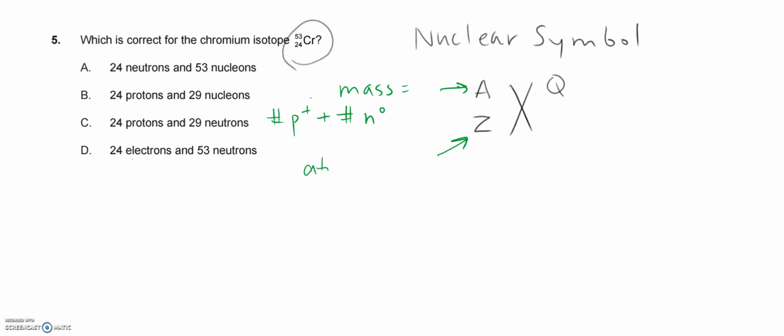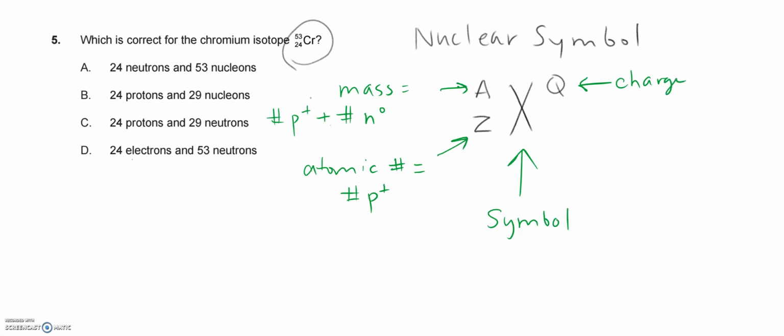This is the atomic number, which is equal to the number of protons in that atom. The X represents the symbol of the element in question, and Q represents the charge. And so sometimes we don't have anything up there because there's no charge to it.